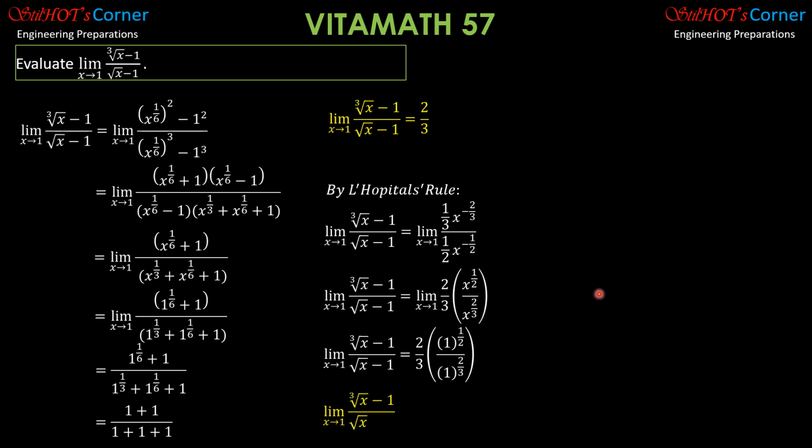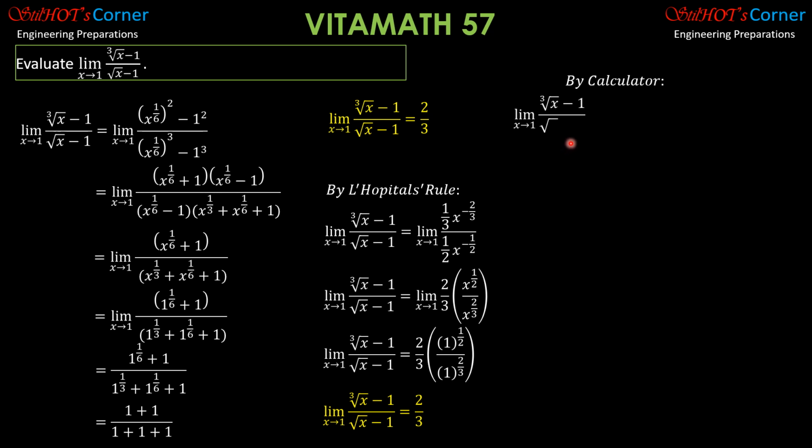Then, by using the calculator: the limit of a function exists if both the left hand and the right hand limits are equal. Since x approaches 1, we have to substitute a value of x just to the left of 1 and a value of x just to the right of 1. So just to the left of 1, to 4 significant figures, 0.9999, and we have to use the calculator here.